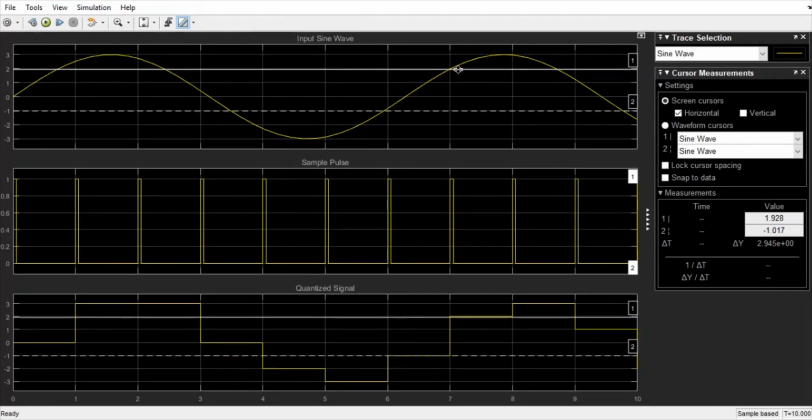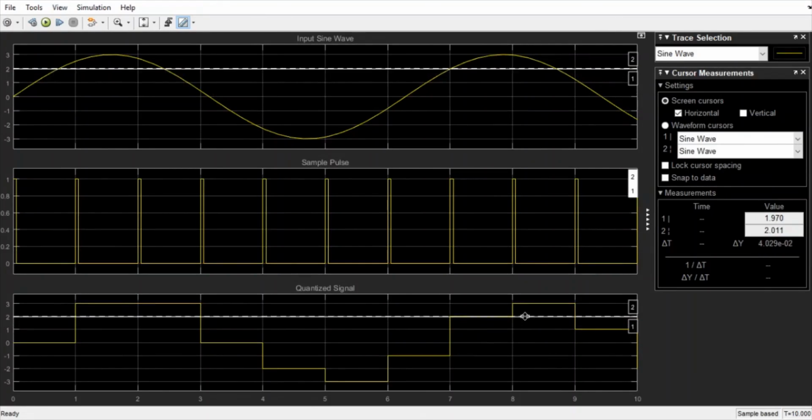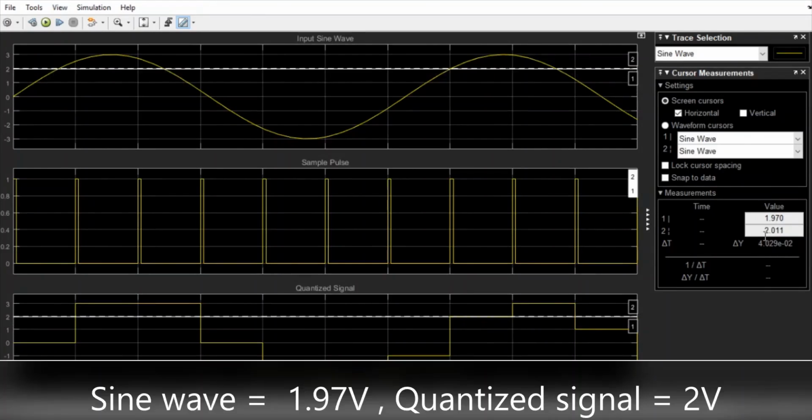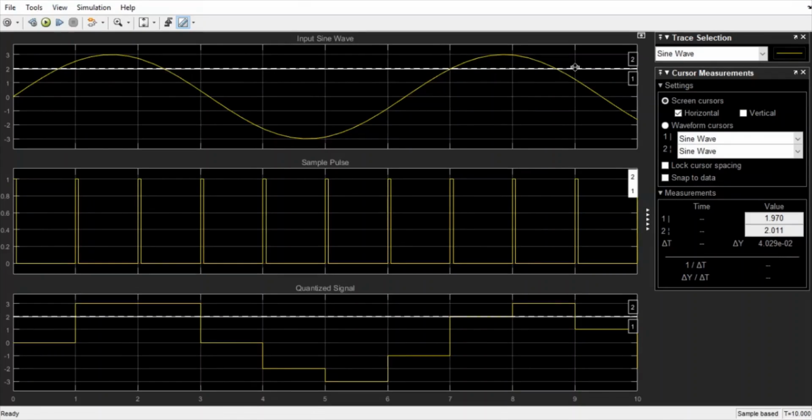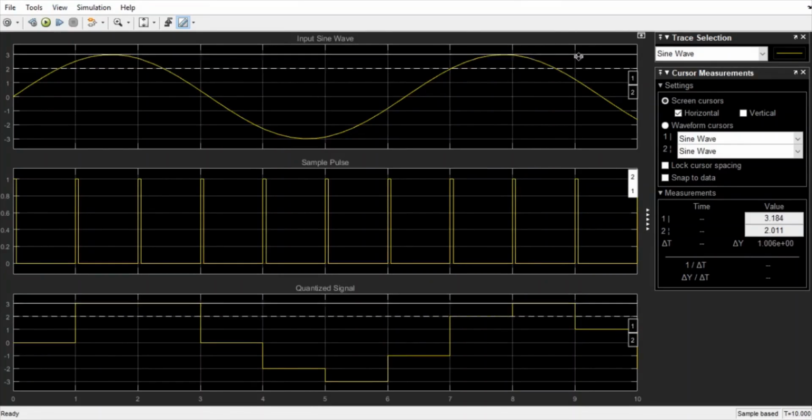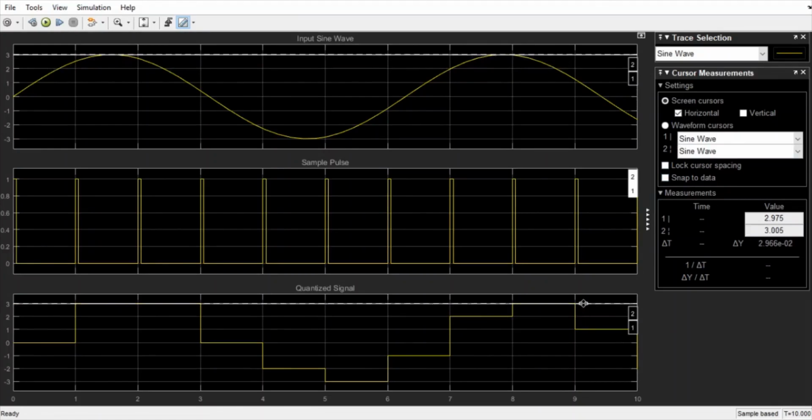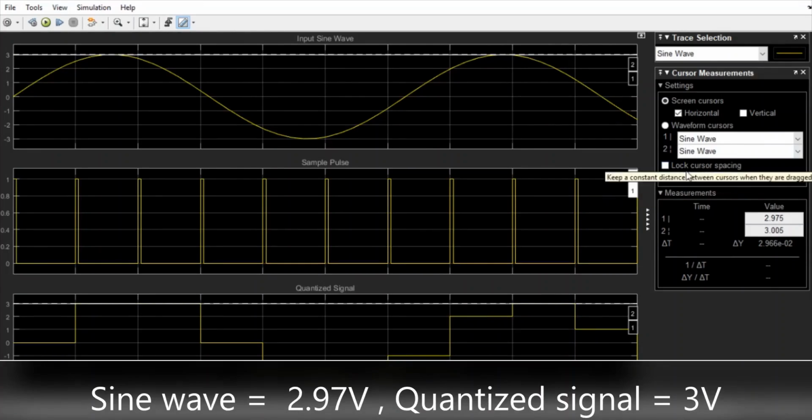You will get around 1.97, and for the quantized signal around 2.011, so just write down 2. For the 9th pulse, move the first cursor to where the 9th pulse occurs. You will get around 2.97, and the quantized signal is 3.005, so just write down 3.